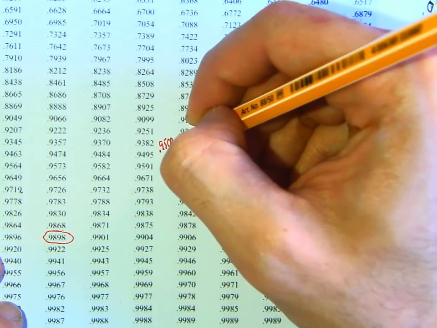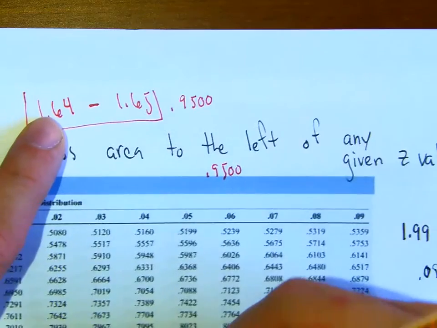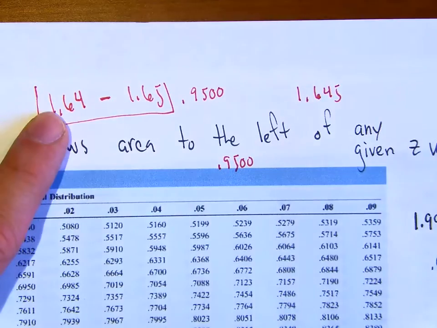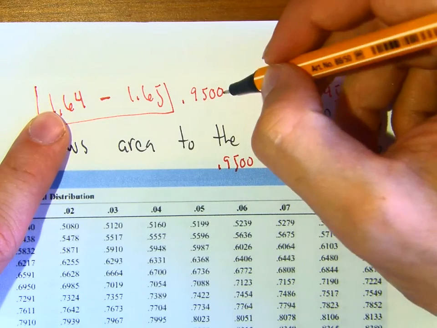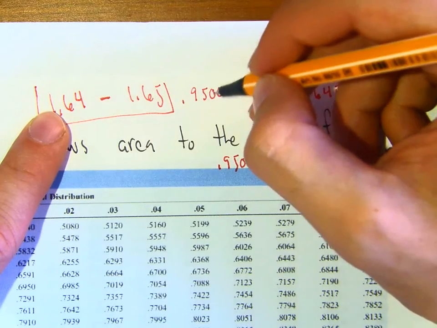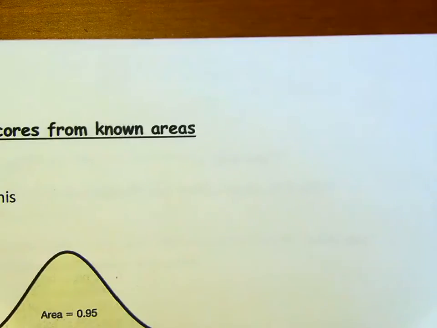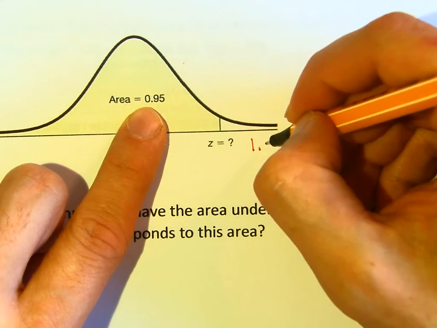So what value do you think is between 1.64 and 1.65? It'll be 1.645. That is the z value that represents the area left of 0.9500, which is this area here. Okay, so this z value is 1.645.